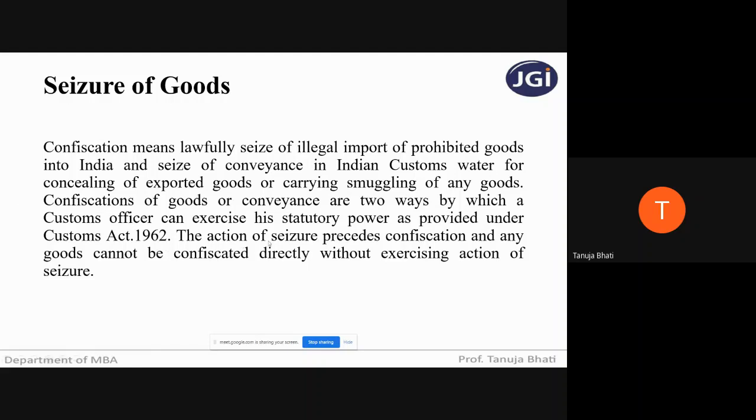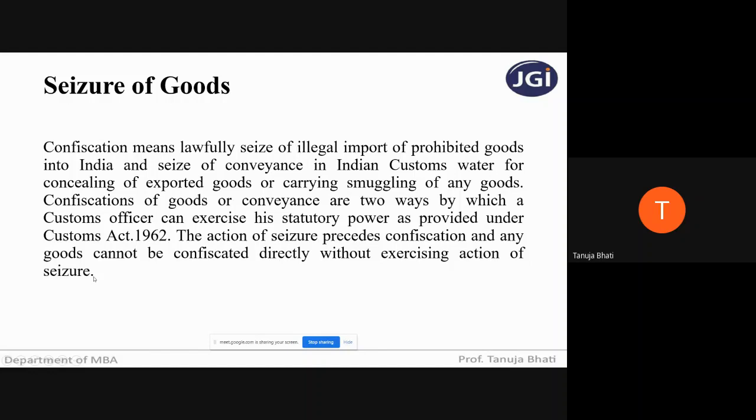The action of seizure precedes confiscation. Before confiscation happens, there has to be seizure. Seizure is the first process, then there is confiscation. Goods cannot be confiscated directly without the action of seizure.